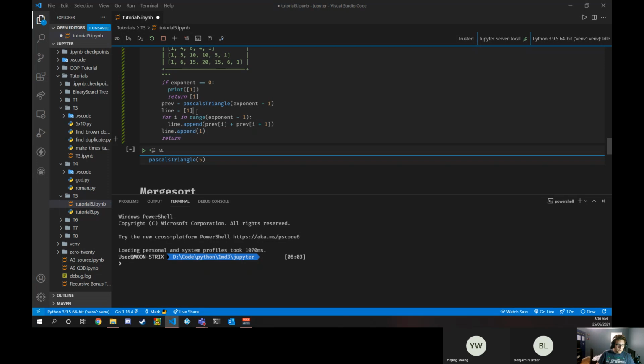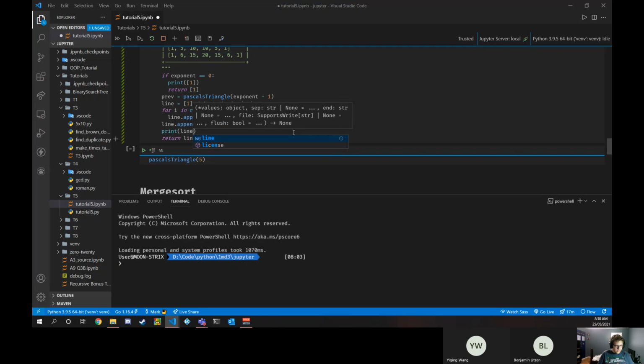That's what these two lines are for: 1 at the beginning, 1 at the end. This line here are the middle bits. And then all I do is return my current line. And like I said, I want to print it as well so you guys can see how that looks.